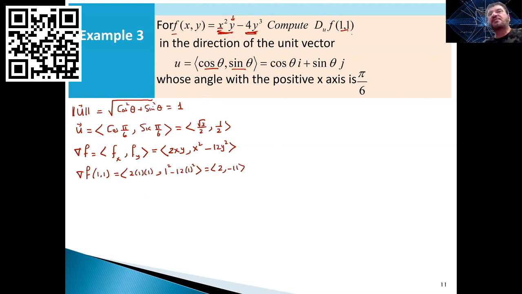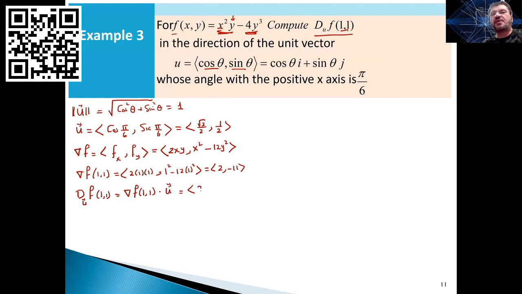Now, can we find the directional derivative? Of course. The directional derivative of f in the direction of u at the point 1 and 1 is nothing but the gradient of f at 1 and 1 dot u.